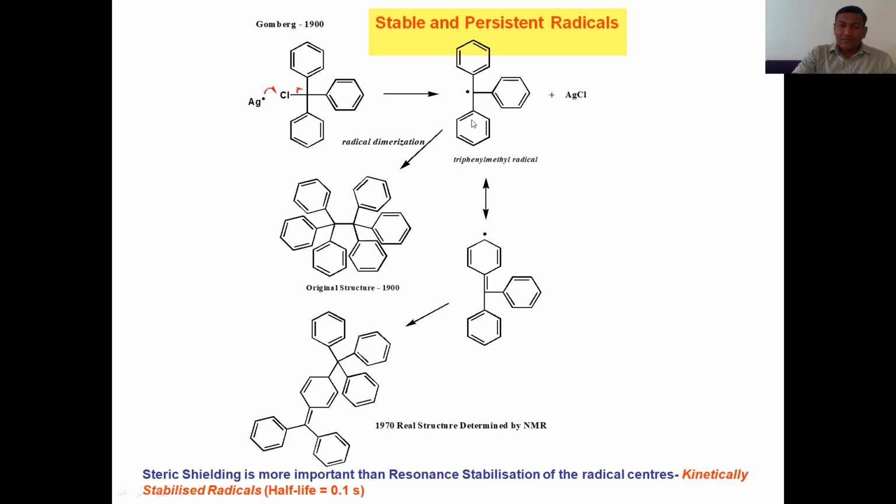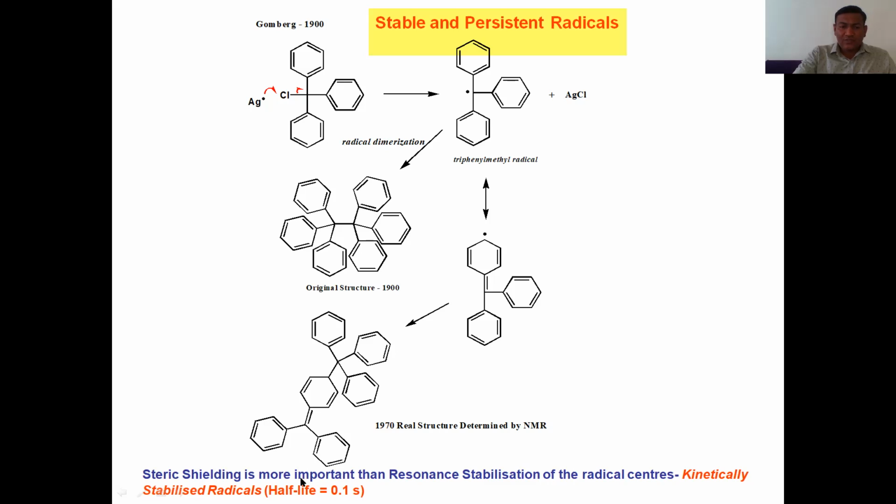This triphenyl methyl radical may be dimerized. There are chances of dimerization because two molecules get attached to each other and you will find this type of structure, or another possibility is like this, where the two molecules get attached and you find this structure.